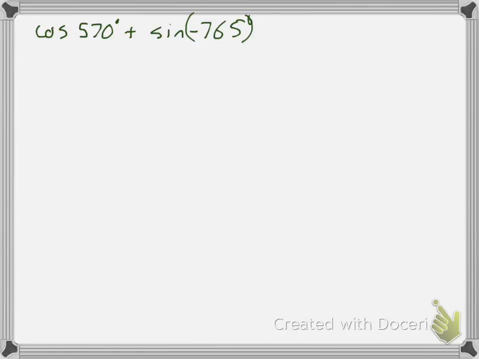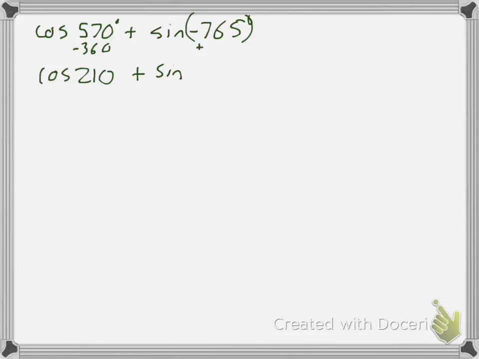So cosine of 570, a coterminal angle would be to subtract 360, correct? So that'd be the cosine of 210, plus sine of negative 765, so probably add 360.